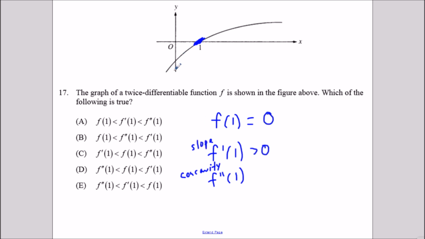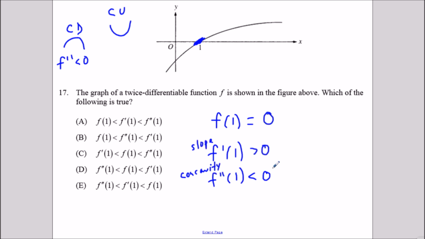Because this graph is an upside down U shape, this is concave down. And if it was going this way, it would be concave up. And if it's concave down, this means the second derivative is negative. So since our graph is along this upside down U portion, that means our second derivative is negative.